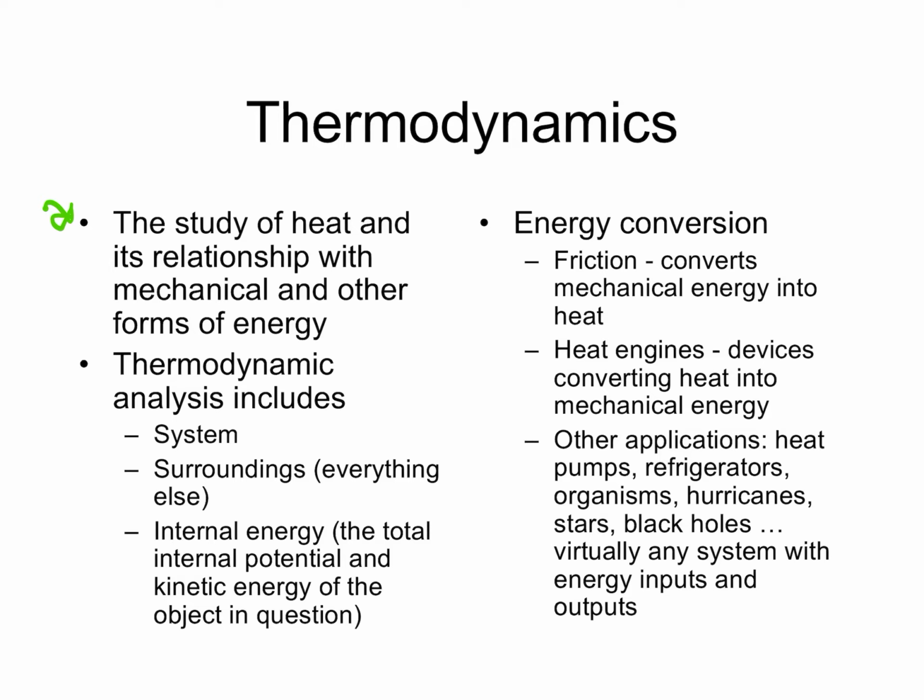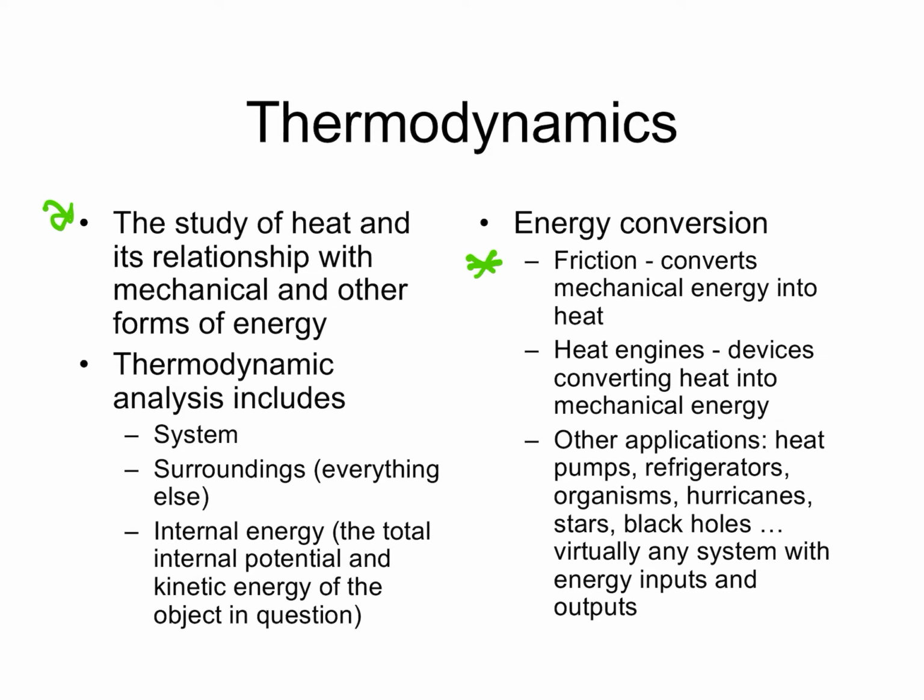So this is saying that thermodynamics includes systems, so the whole system of that machine, its surroundings, how much energy is coming in, how much energy is going out. Some of that involves friction, which is converting mechanical energy into heat.